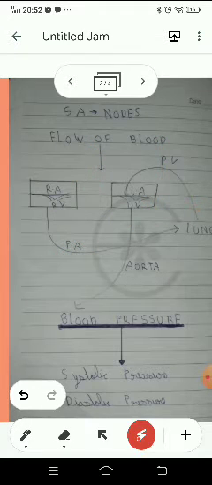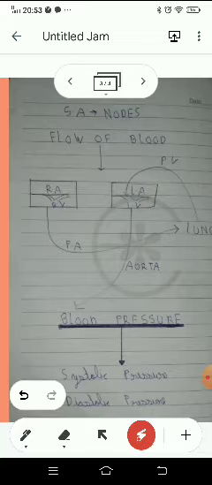The upper limit is systolic pressure, the lower limit is diastolic pressure. Systolic pressure is the average pressure produced when the ventricles contract and push the blood into the pulmonary artery and the aorta. It is equal to the pressure exerted by a mercury column of 120 mmHg, millimeters of mercury.